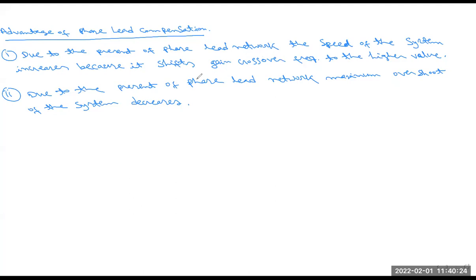Number two, the maximum overshoot error decreases for the control system. This is a very important advantage in our compensation design circuit. That's why we use this lead compensation circuit.